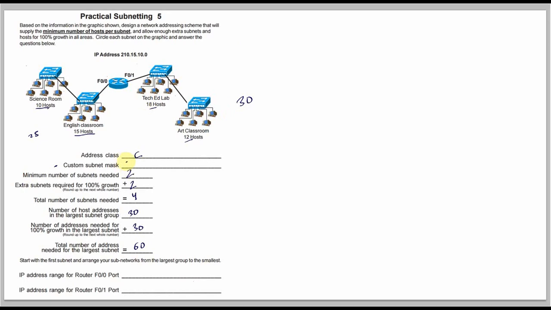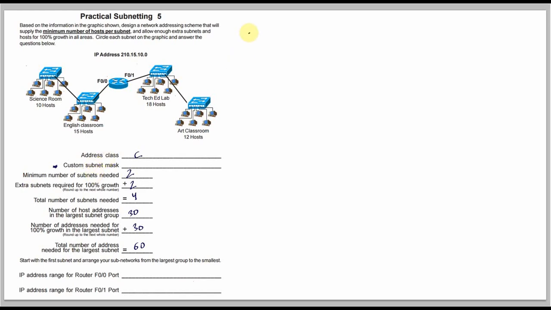Alright, so we got to this point, so this is what we're going to work on now. Let's get an eraser and erase everything. Alright. So we're solving for custom subnet masks. How do we do this?